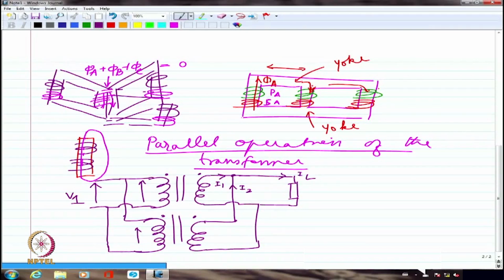Definitely, no doubt that if I install one single unit of 50 kVA transformer, that will be less costly at the time of installation as compared to 20 plus 20 plus 10, very clearly, because everything has an individual core. So you are going to definitely increase the overall cost during the installation.